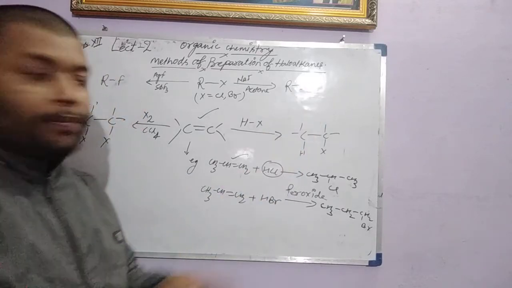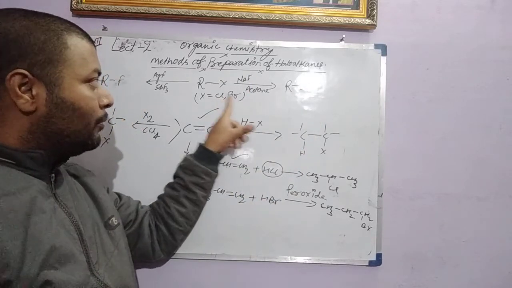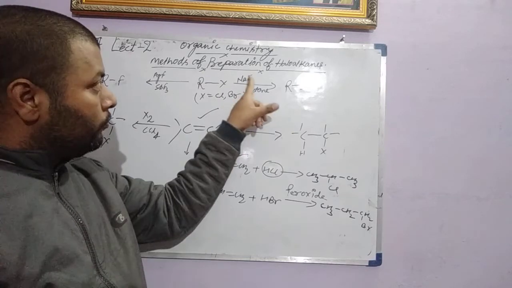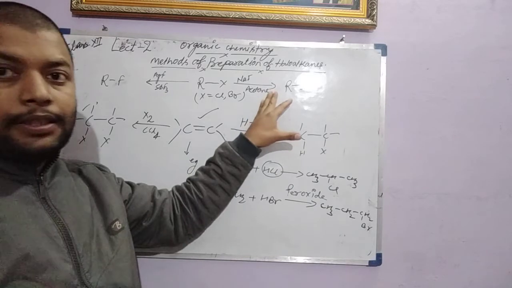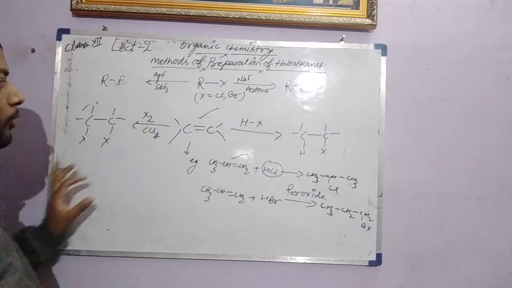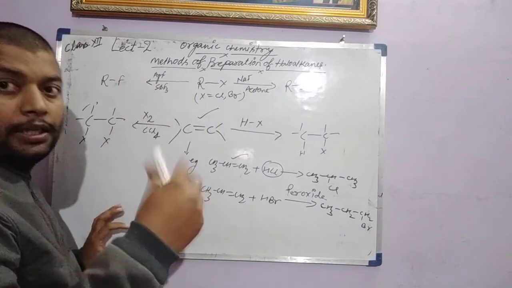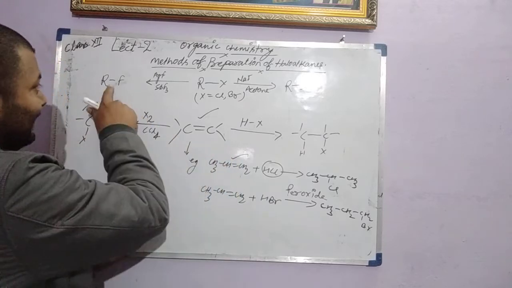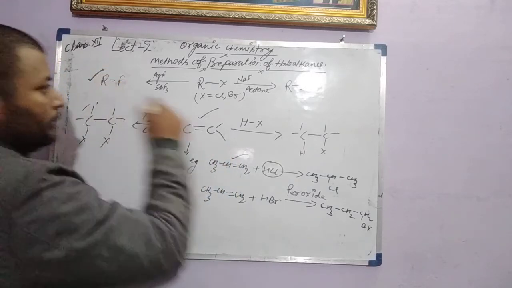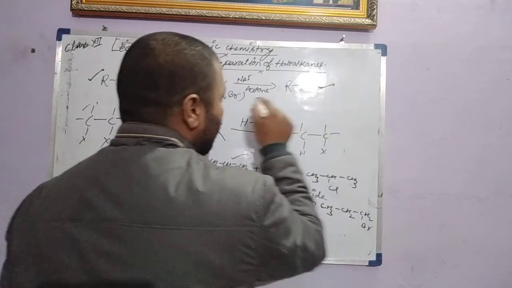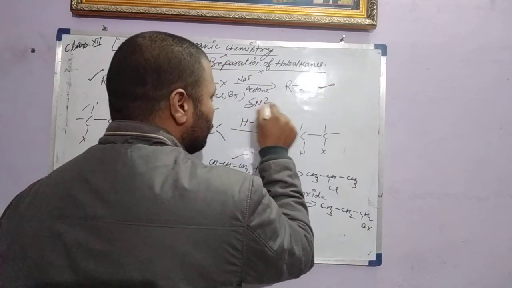So formation of iodoalkane from chloro or bromoalkane with the help of sodium iodide is called the Finkelstein reaction, and with the help of silver fluoride or antimony fluoride or any other heavy metal fluoride it is called the Swarts reaction.